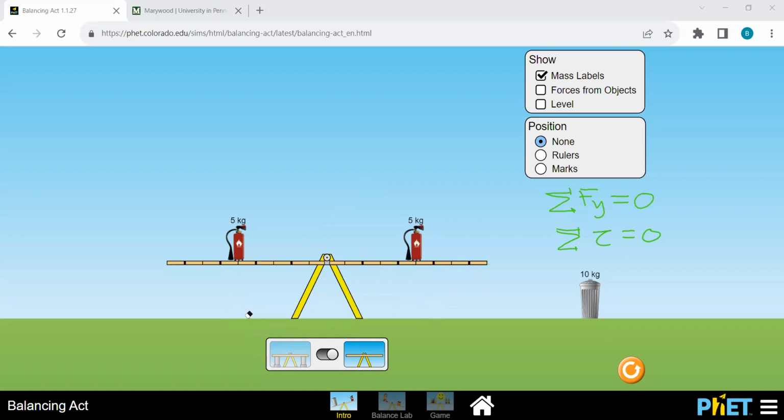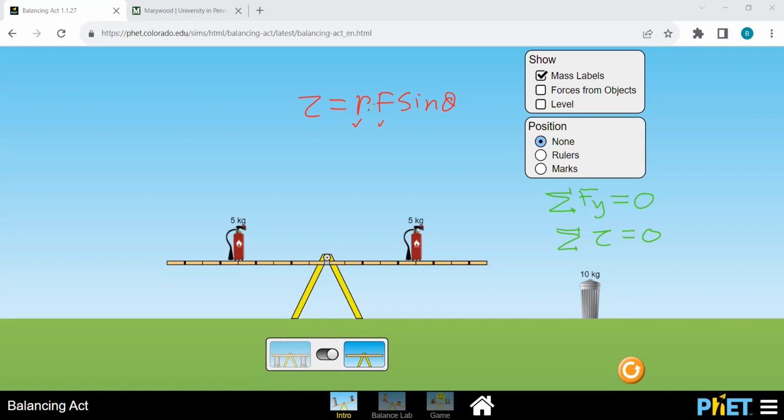Now, for a static equilibrium problem, you can choose any point as your axis of rotation. If you remember, the definition of torque is tau equal to r F sine theta, right? Here F is the force and r is the lever arm.